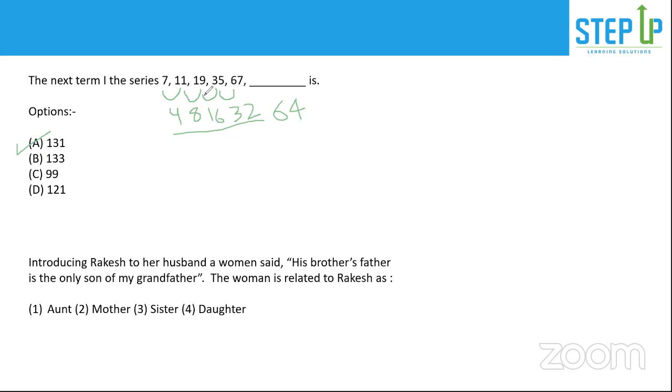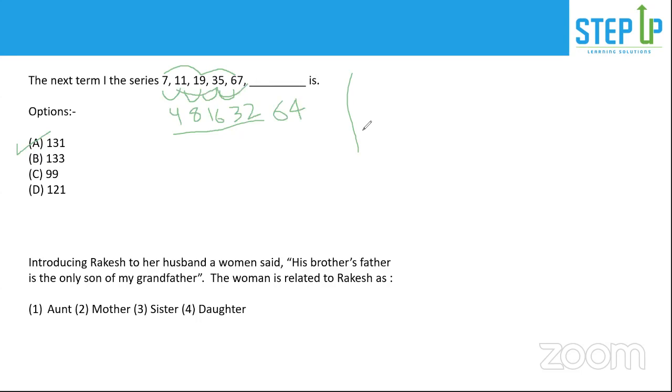So I was saying the first step in a series question is always this. Now what are the other things? What if there is a slightly different type of question? Sometimes they also give a mixed series. In a mixed series, it could be that 7, 19 and 67 follow one logic, and 11, 35 and another number follow another logic. However, I can tell you a hint.